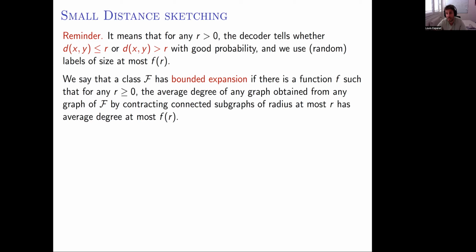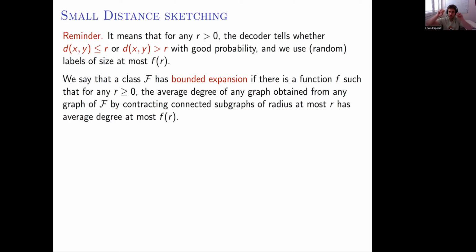It's really expansion in sparsity theory. It's the same name, but it's not the same notion. So you say that the class has bounded expansion if, for any R, when you contract disjoint connected subgraphs of radius at most R in any graph in the class, the average degree remains bounded by a function of R.